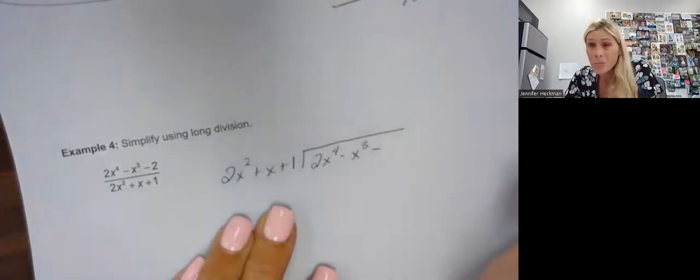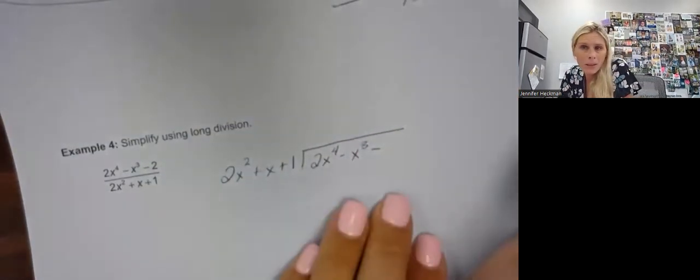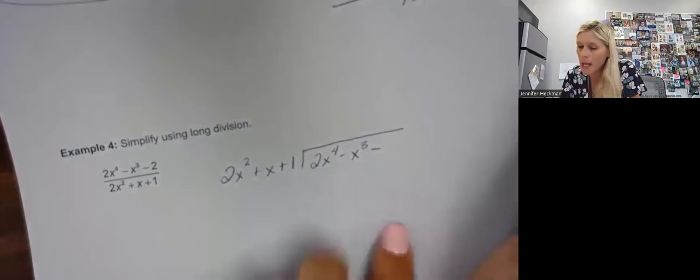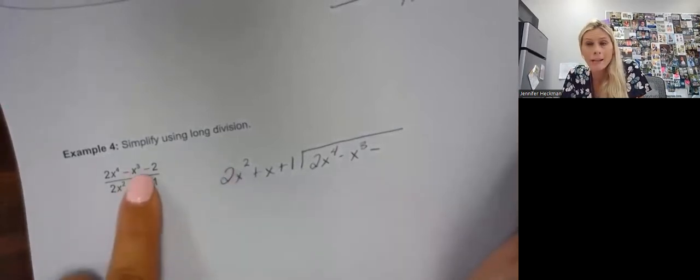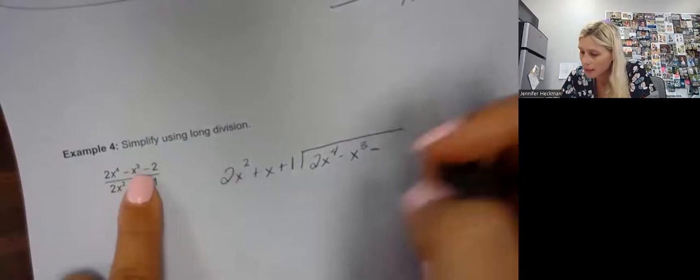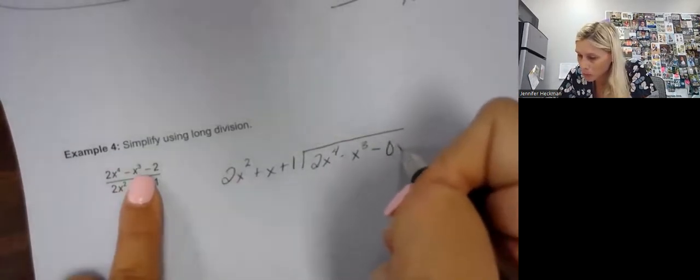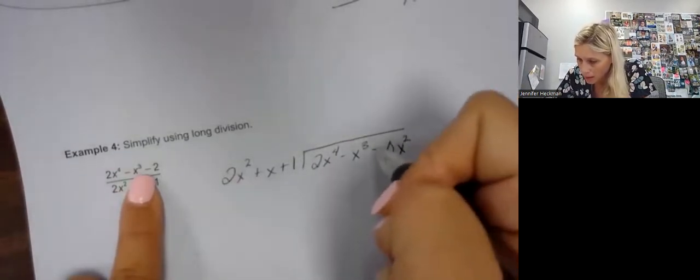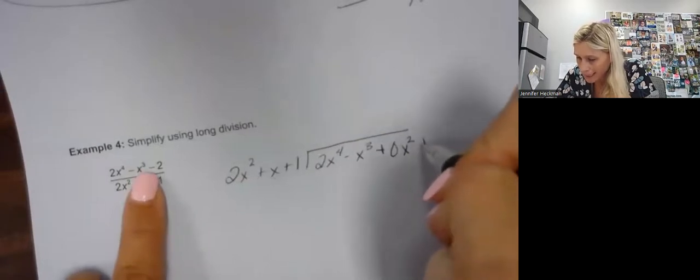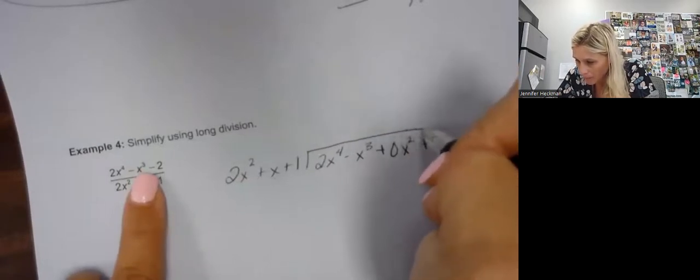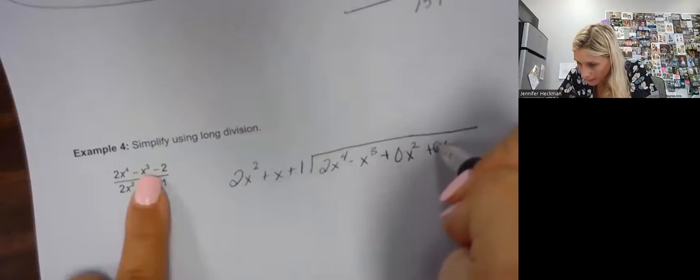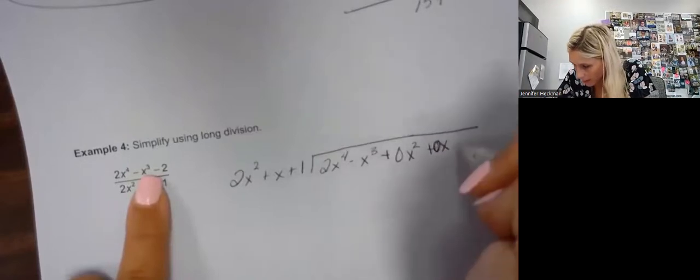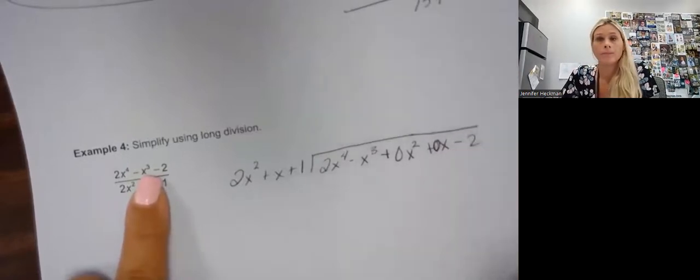And guys, like I said, we can totally do this because we did long division in elementary. Now, look, I stopped. Why? What's happening? I'm missing an x squared. I'm missing an x term. Don't forget 0.